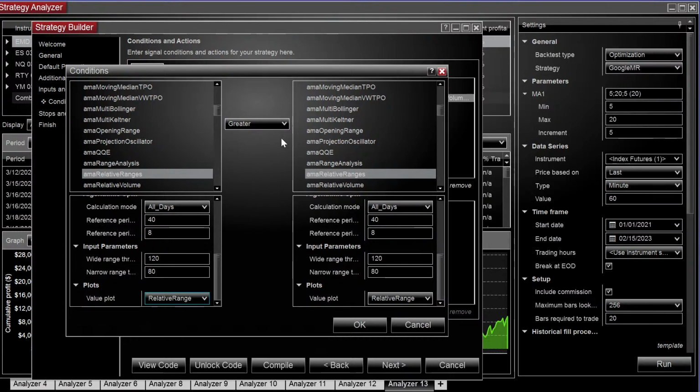Relative volatility is greater than the average.